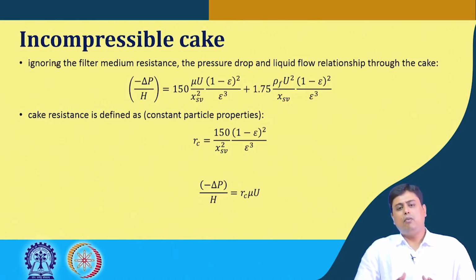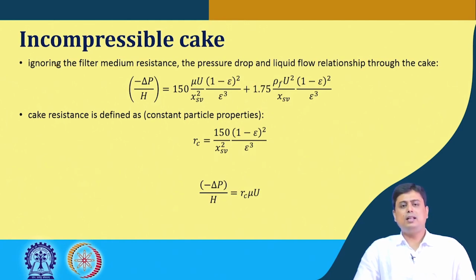It means that the voidage of this cake is constant, because with increasing pressure the particles do not compress against each other, so the void space does not squeeze and the bed orientation is not altered. These are not loosely packed particles. So we can consider that the cake formed on top of the filter media is of incompressible nature.